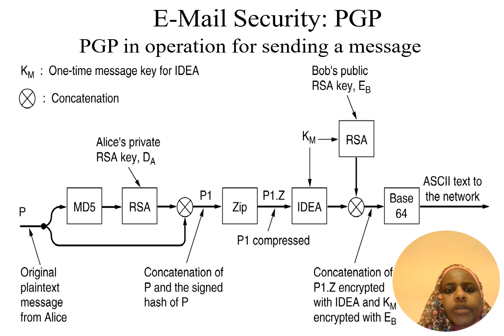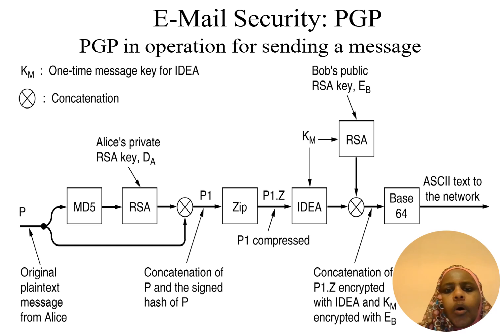The process is simple and straightforward. The original plain text is hashed by MD5. Then it runs through RSA. Then the plain text is concatenated with the hashed, signed plain text. Then all is compressed using zip.